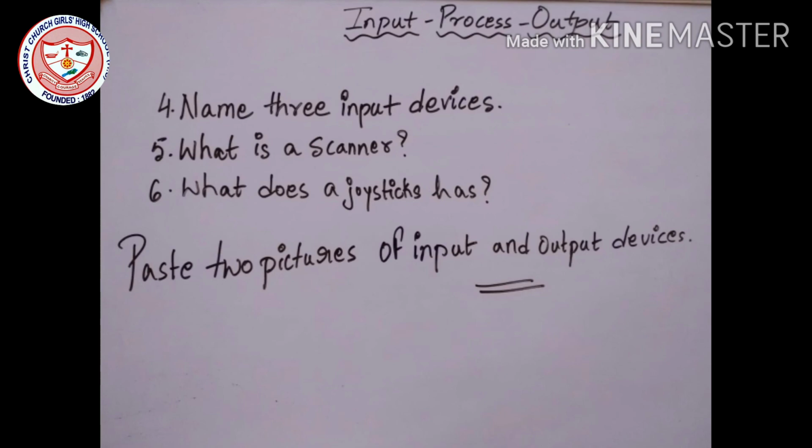Number 4. Name 3 input devices. Number 5. What is a scanner? Number 6. What does a joystick have? Then paste 2 pictures of input and output devices.